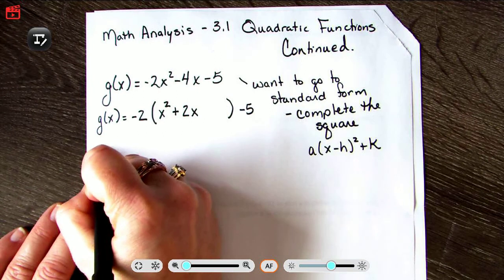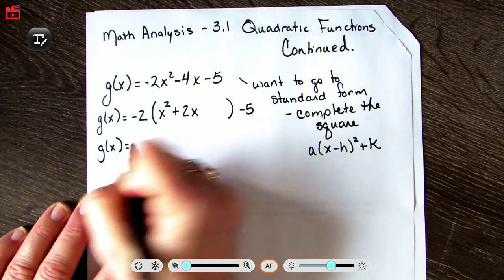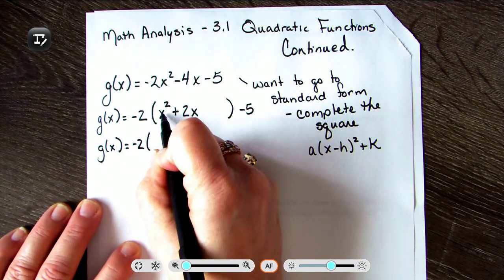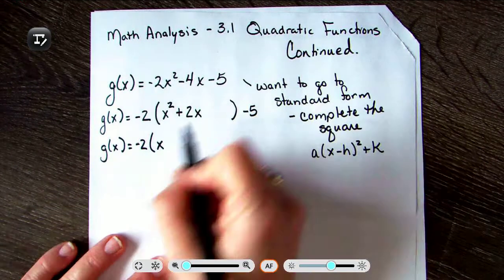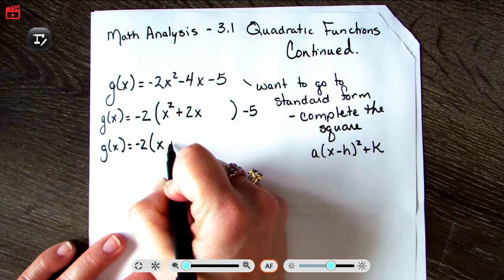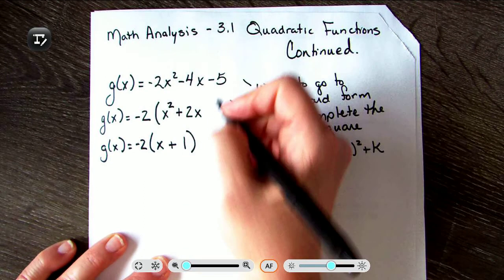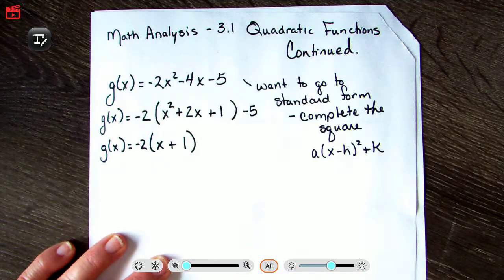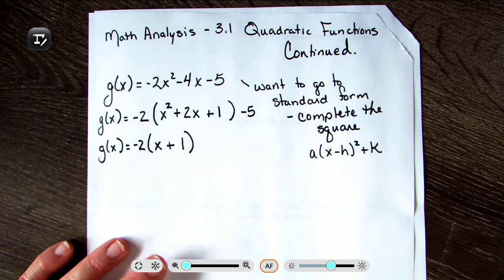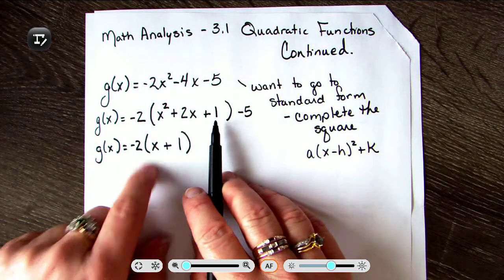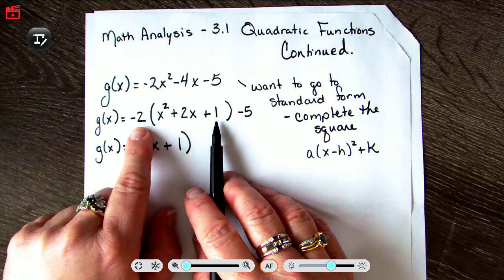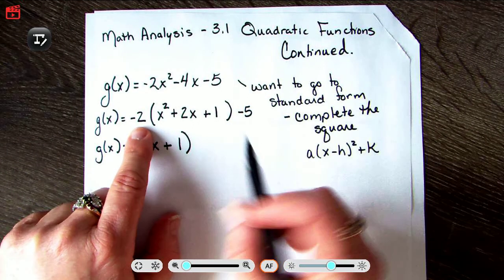Now comes the completing the square. So the technique is take that x, we do half of the 2, which is 1, and then we take this guy and we square it, which becomes a plus 1. And now what we have to remember is that we can't change our problem.